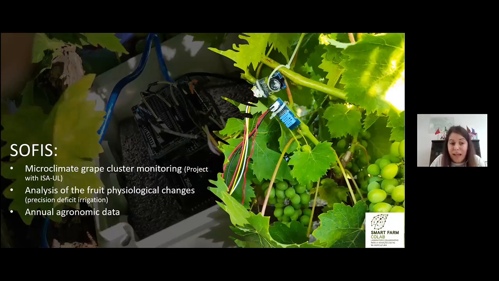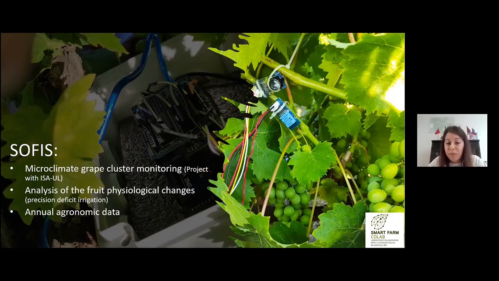We can analyze different phenological changes, which is really important for wine production, for precision deficit irrigation, or correlate with different annual agronomic data, so that you can have these models through neural network analysis to get predictions according to the needs of these farms. These are some examples of practical use cases of the application or adaptation of sensors to answer different problems.